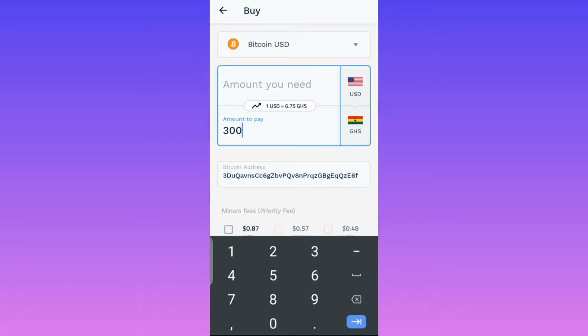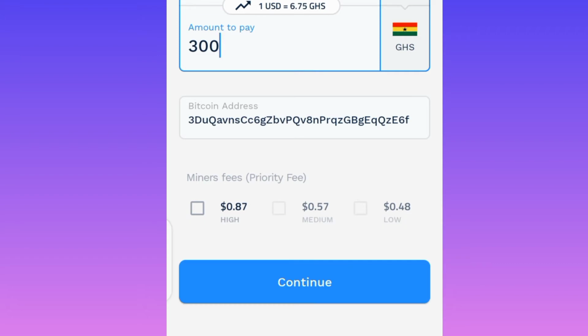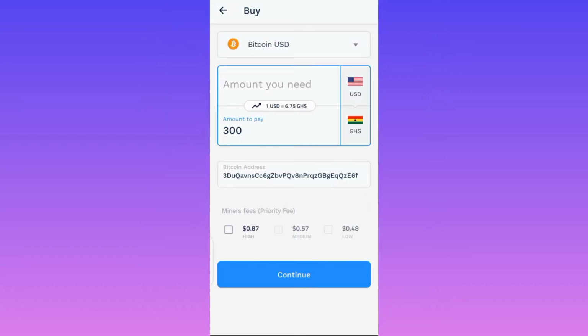Then I'll come down here. Let me make it clear. All right, so I'll come down here and choose the minus fee. So this fee is what helps them to process the Bitcoin. If you are into Bitcoin, you've always been hearing about miners. Those are the people who mine Bitcoin.